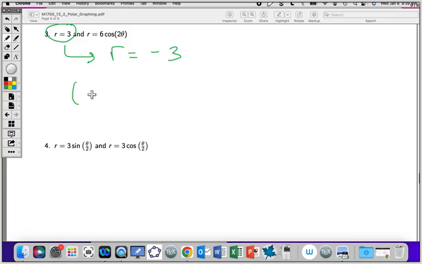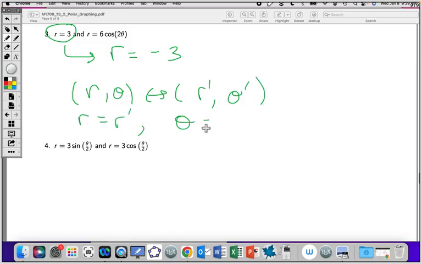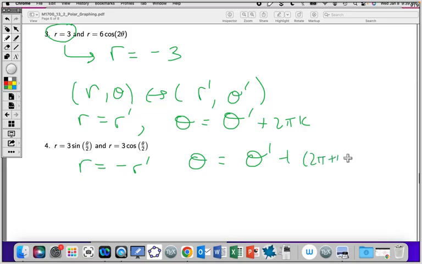So remember, if r and theta correspond to an r prime and a theta prime, if the r's are the exact same, the thetas would just be off by some multiple of 2 pi, or the r's could be the exact opposite, and the thetas would be off by some odd multiple of pi.